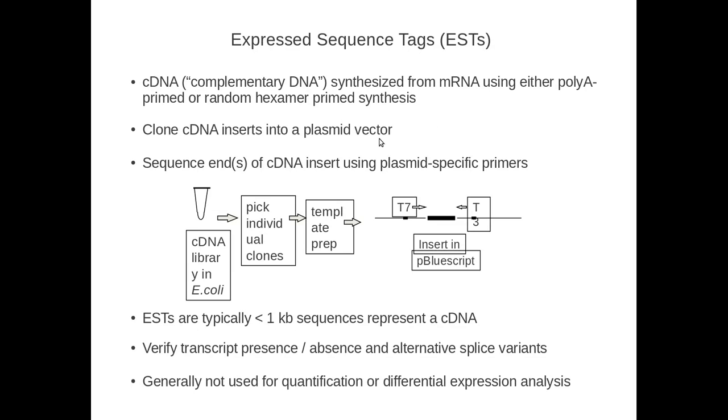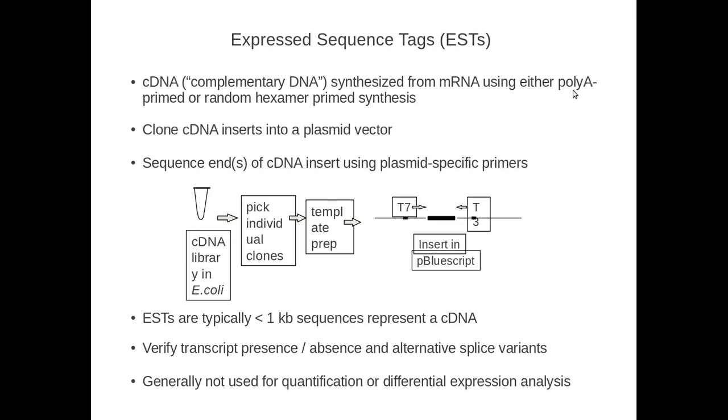We clone the cDNA into a vector. It's not amplified yet. We simply, to make the cDNA, we prime either with a hexamer or a poly-A priming.